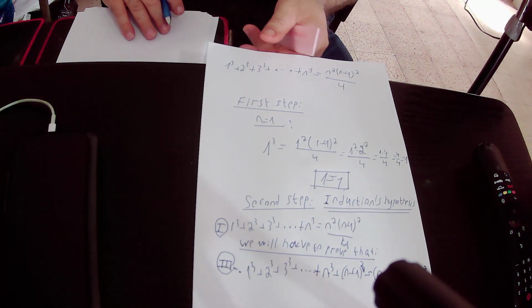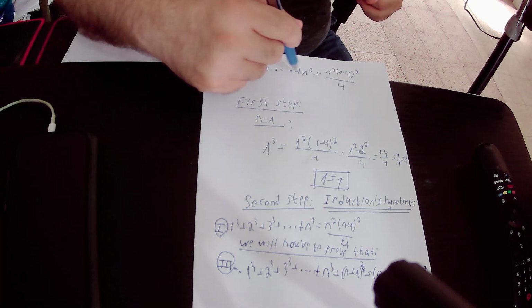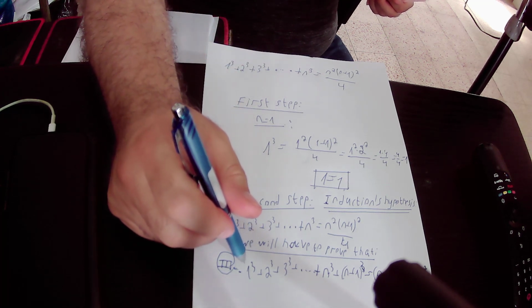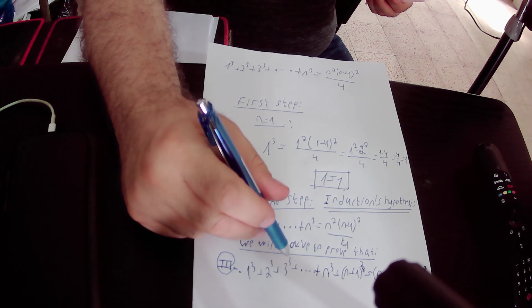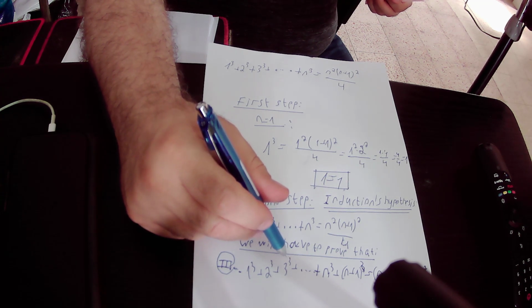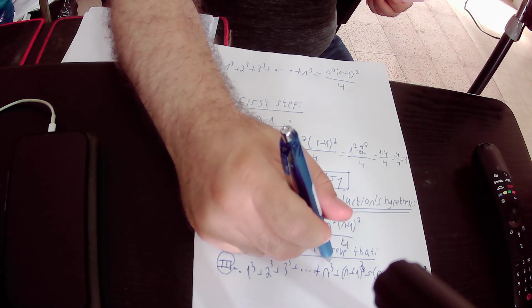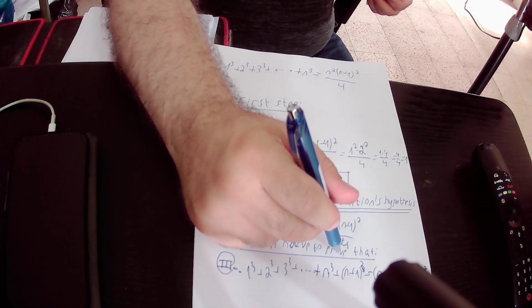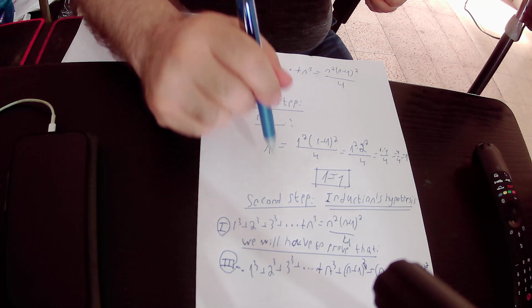So we will have to prove that this statement is true for n plus 1, or 1 to the power of 3 plus 2 to the power of 3 plus 3 to the power of 3 plus n to the power of 3 plus (n plus 1) to the power of 3, because we must prove this statement for n plus 1.